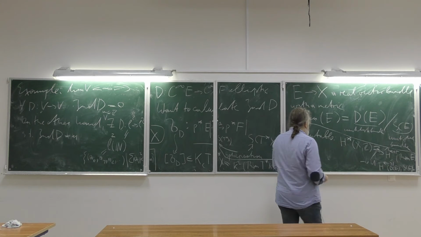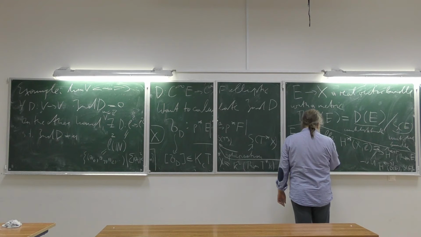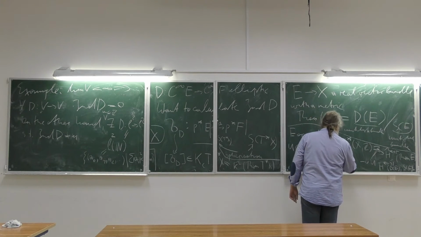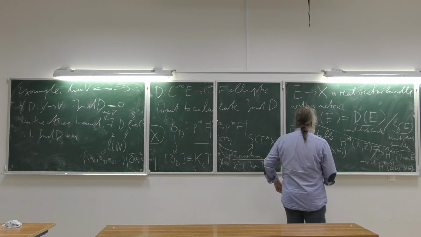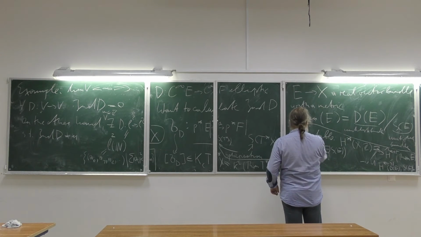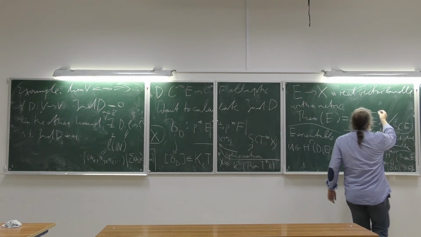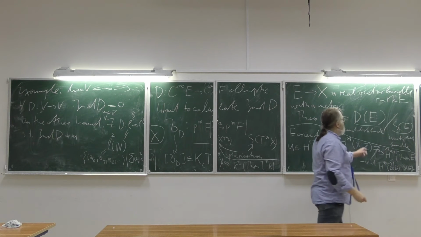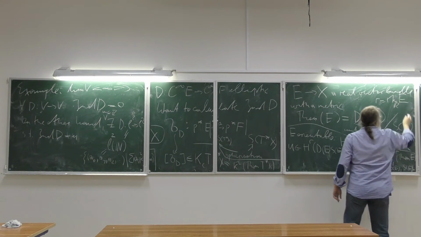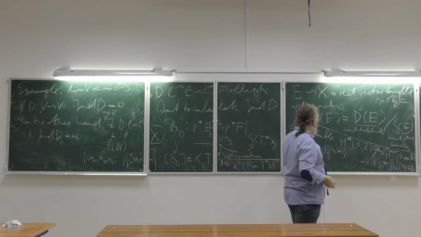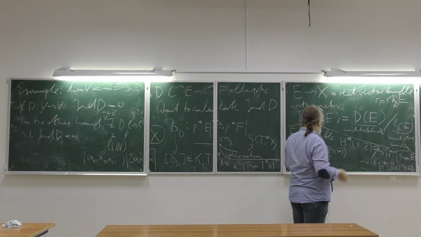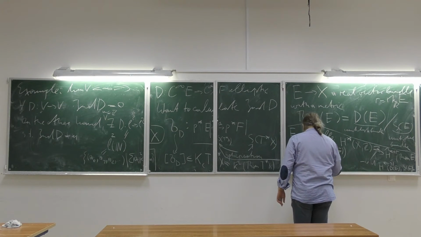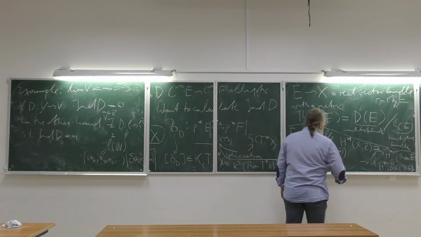Okay, now, R is the rank of E. And U is the Thom class.